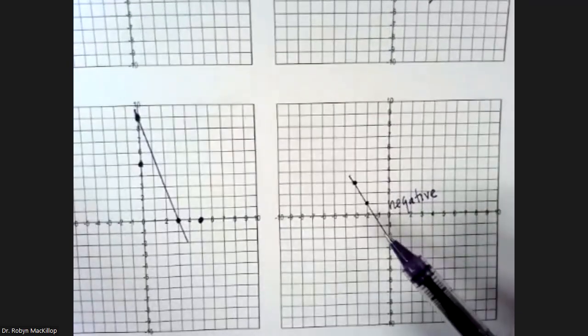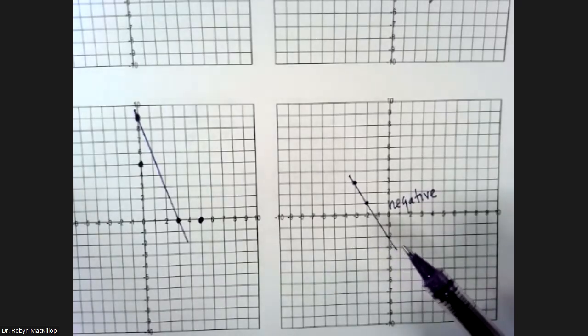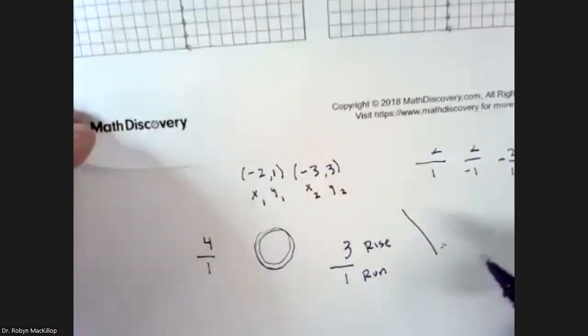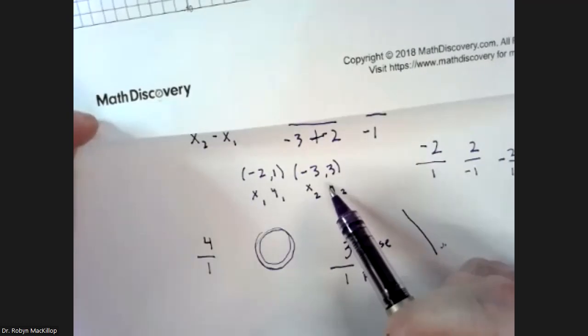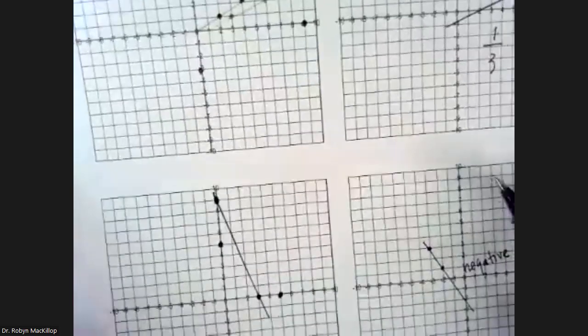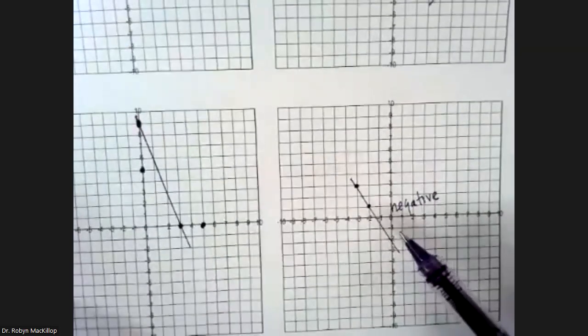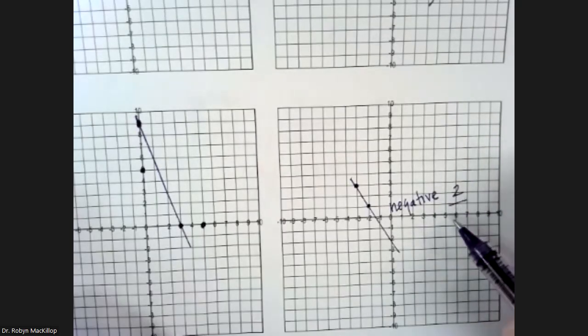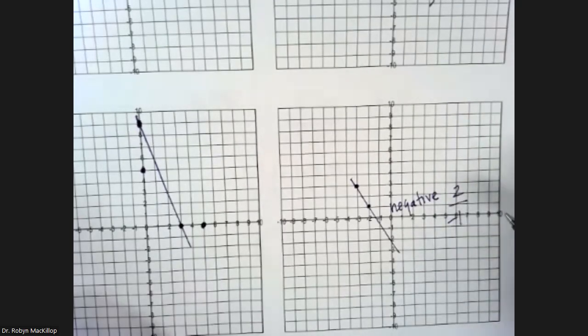So let's check our slope on this. These are our 2 ordered pairs. There it is. So we used our 2 original ordered pairs, and our slope was 2 over -1. So this is what we came up with from the formula.